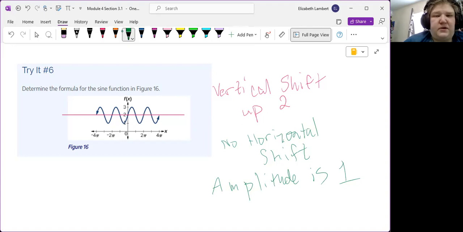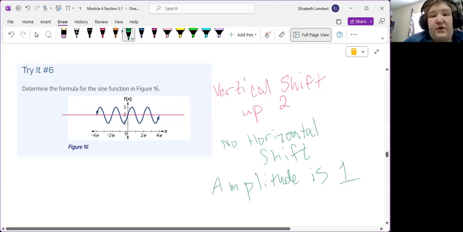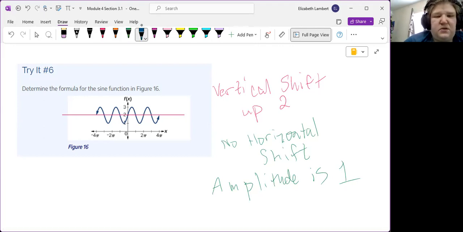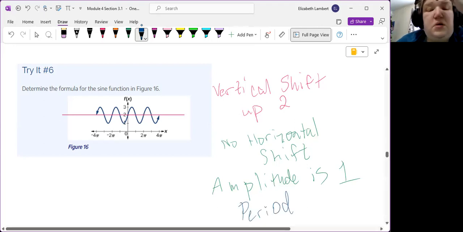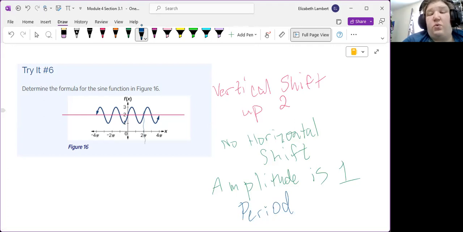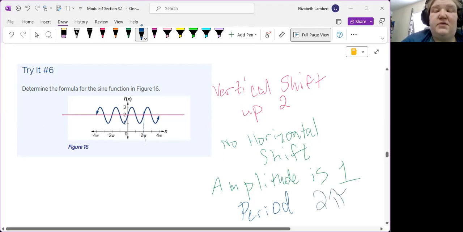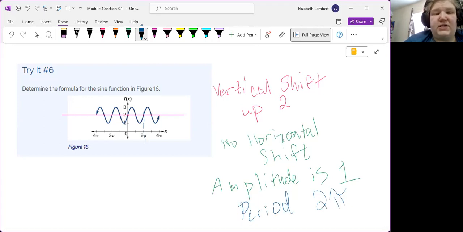So we just need to figure out, is there a horizontal stretch? So what's the period? Now, from what I can tell, I check one cycle and that seems to be lining up pretty close to 2 pi. So I'm going to assume that the period is 2 pi. So our B is 1. There's no stretch horizontally, no stretch vertically.